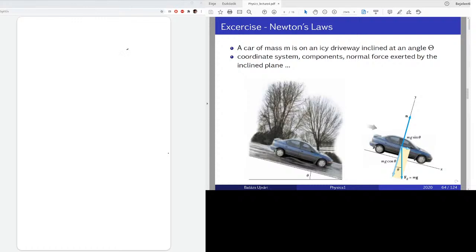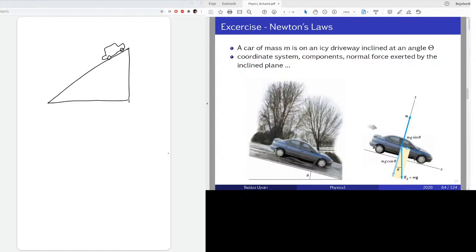Normally, for example, here's a car, and if the road is icy, it means there is no friction. How will this car be accelerated, and by what force?